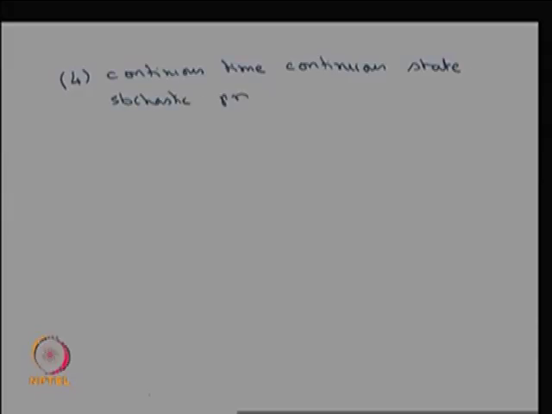That means the possible values of a parameter are going to be uncountably many. Therefore, you get the continuous time or continuous parameter, and the possible values of a state space are going to be uncountably many. Therefore, you get the continuous state stochastic process.